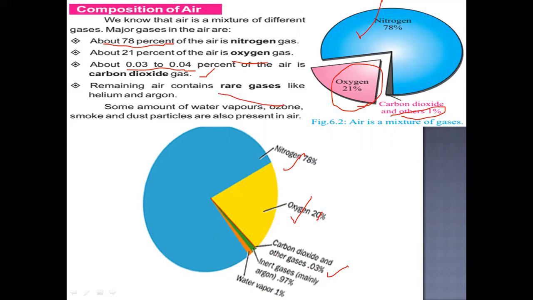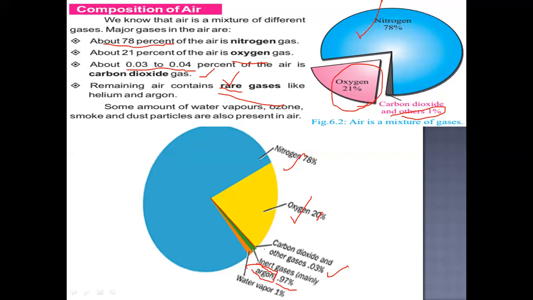Inert gases means they do not react with any other substance, they do not react chemically. That's why they are called inert gases, and they are present in very small quantity. That's why they are called rare gases. Rare means very little. They are found very little. In the atmosphere, among the rare gases, argon is the main gas present, at 0.97%.